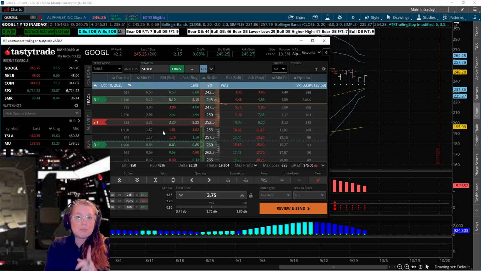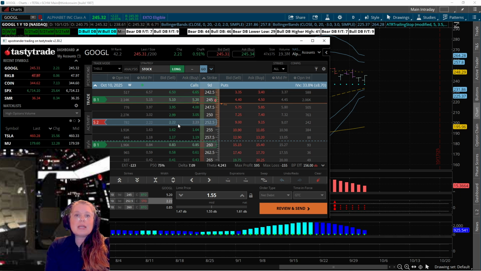Now, the important thing to note is you need a short contract for each side of that spread, right? So one of these two contracts is a part of the debit spread, and the other contract of this short strike pairs with the credit spread. So as I mentioned earlier in the video, I cannot lose on both sides of this trade.